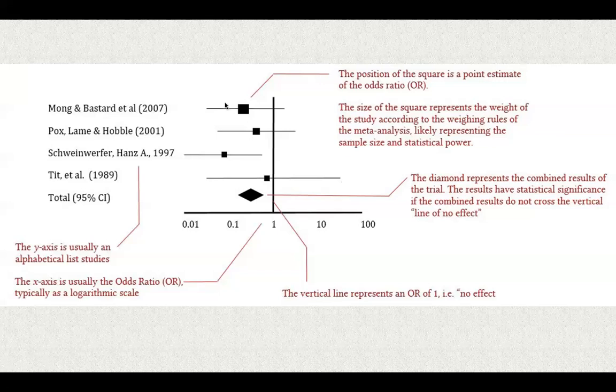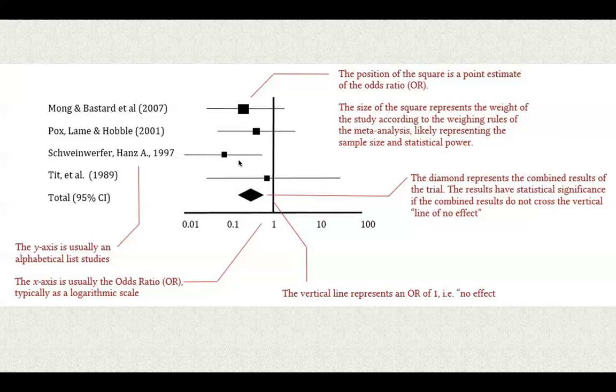What does it mean by touching this horizontal line? If this horizontal line is touching the line of no effect, that means this study is not statistically significant. Now the question arises, what are these horizontal lines? These horizontal lines represent the confidence interval. And what is confidence interval? It is basically the range in between which the true effect lies. So, for example, as you can see that for this study, the confidence interval is much smaller.